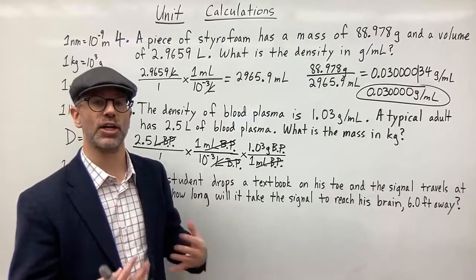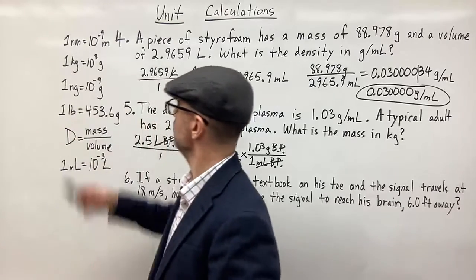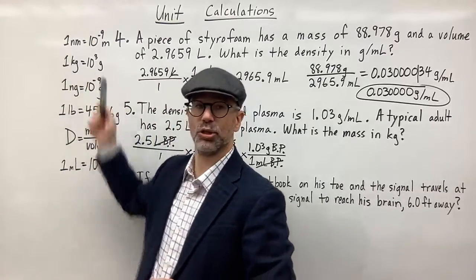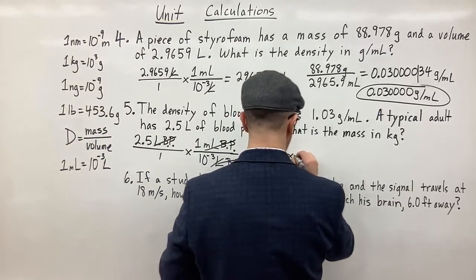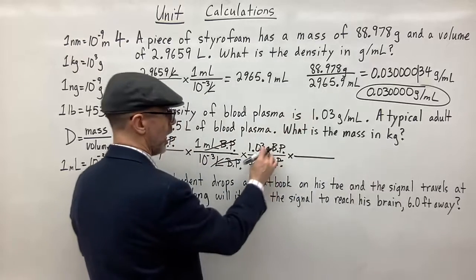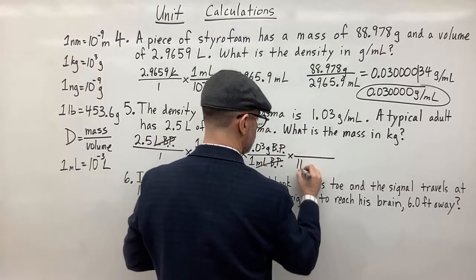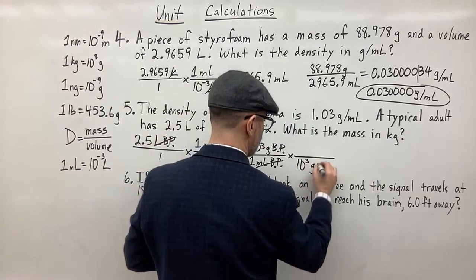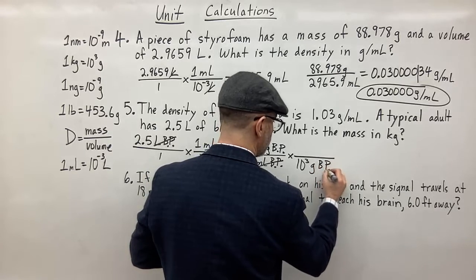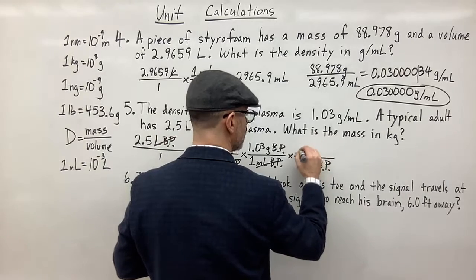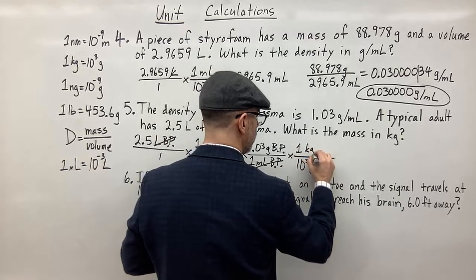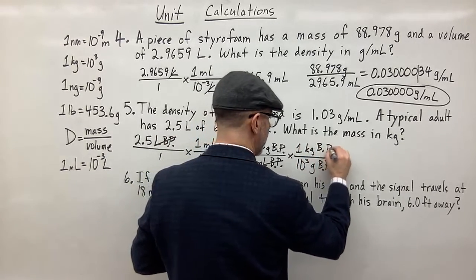I'm going to use my metric unit relationship. 1 kilogram is equal to 1,000 grams, or 10 to the 3 grams. So now I can finally put 10 to the 3rd grams of blood plasma on the bottom, and on top, I'm going to put 1 kilogram of blood plasma.